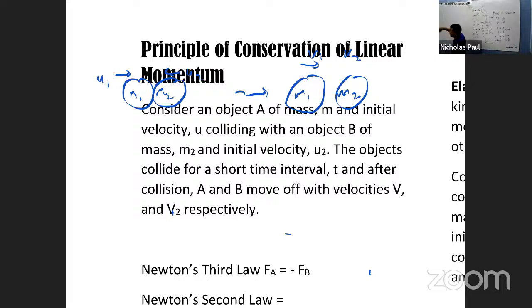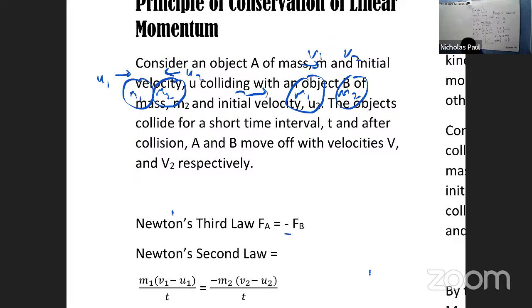Right, so once you write that, just write this first formula here. Write the formula that I gave you there. F is equal to what? Change in momentum over time. So they give you the change in momentum of M1 and the change in momentum of M2. We are going to do that proof now. Our objective is to prove the principle of conservation of momentum.